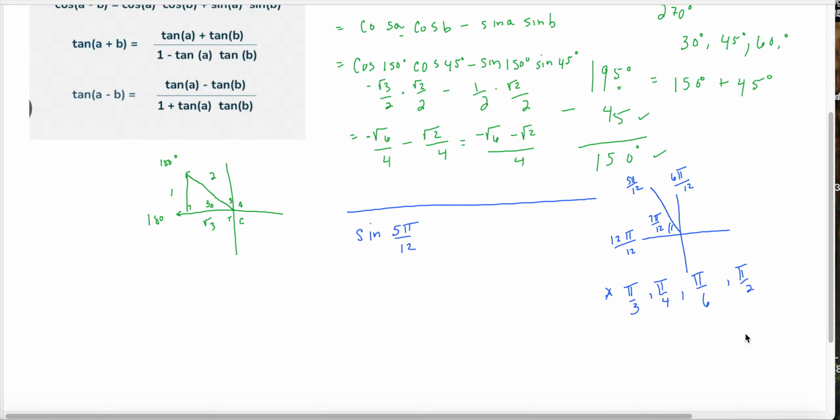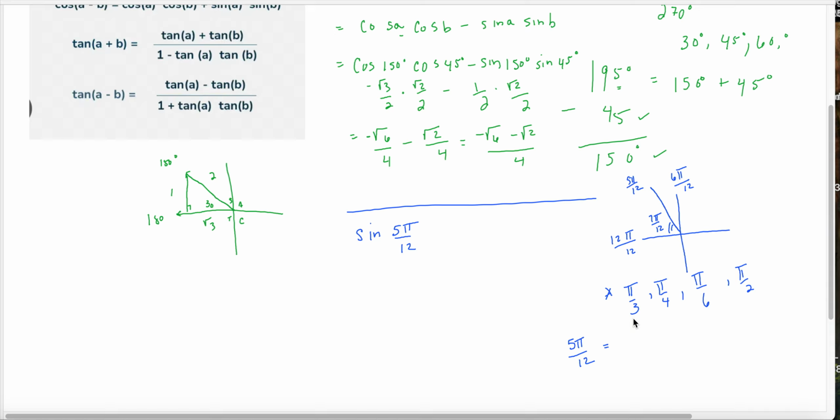So can I rewrite 5 pi over 12 as the sum or difference of angles for which I can find exact values? So it's just like before, where I would start with subtracting one of these angles from 5 pi over 12 to see what results. So if I'm looking at this, 5 pi over 12, we could really grab any of these.